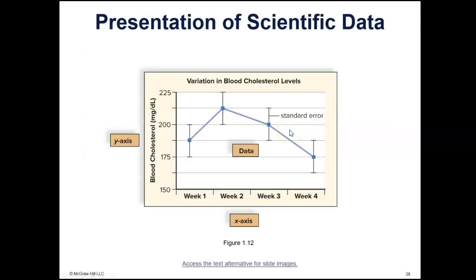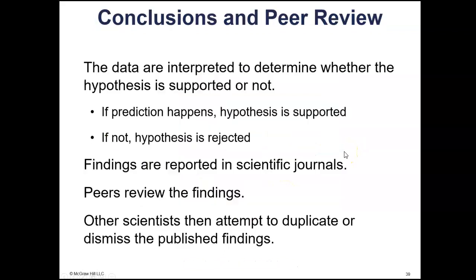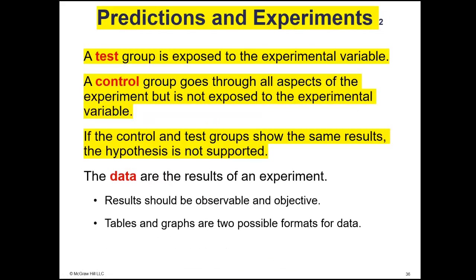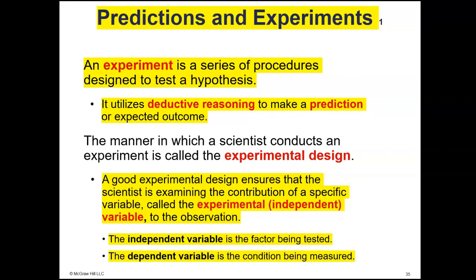Looking at this experiment, variation in blood cholesterol levels over several weeks, I don't really understand what this experiment is. So, okay, let me just tell you one. In lab, we're going to do an experiment where we expose pill bugs or roly-polies to sand and cornstarch.